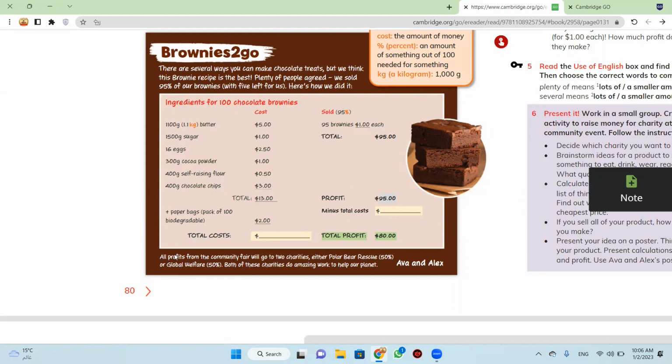We can see at the bottom of the poster, all profits from the community fair will go to two charities: Polar Bear Rescue 50% and Global Welfare 50%. Both of these charities do amazing work to help our planet.